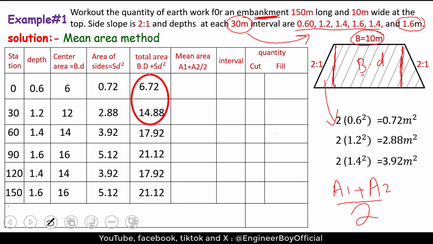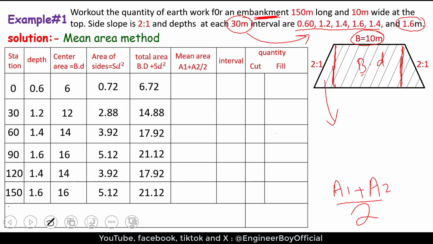Okay, very simple. So add the two areas, okay, for both stations, and then we will divide that by 2. Okay, and that's just calculated as that one. So that should be 10.8 square meter. We will just put that value, okay, in the same row for station 30.